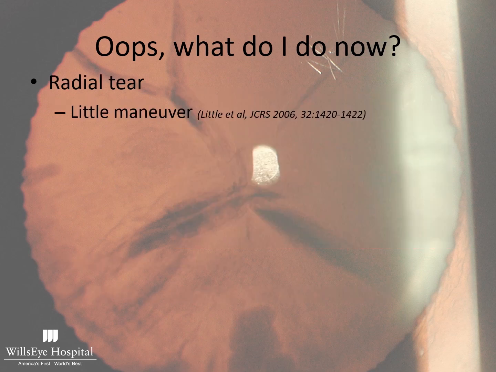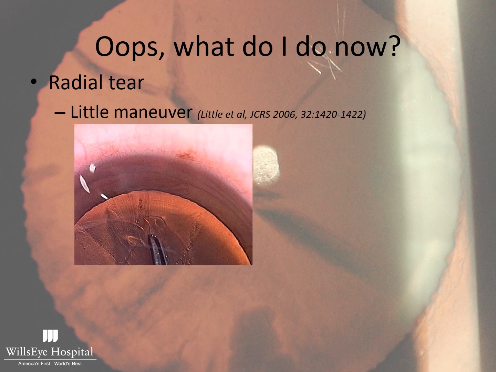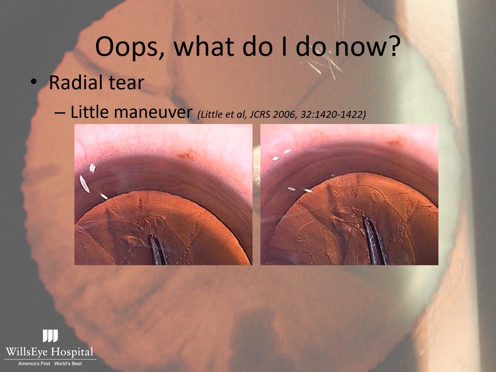So if you have a radial tear, you can do the Little maneuver, which is well described. What you can see here is that the person doing the capsulotomy started to go out. And so what you're doing with the Little maneuver, rather than folding the tear over, is driving it back and away from the initial axis of the tear.